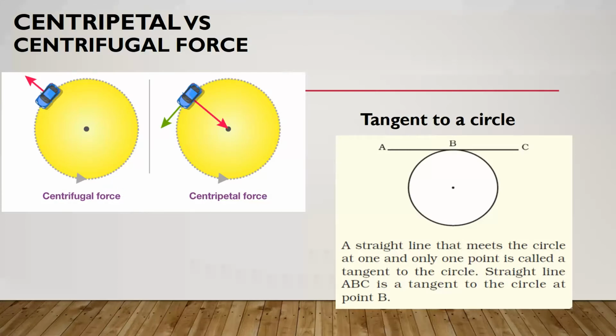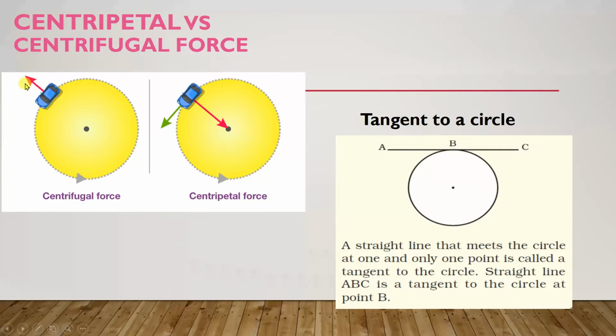Students, as you all know, we are talking about the gravitational force, so we cannot negate the centripetal and centrifugal forces. So let's revise it. Both the forces help the object to move in a circle in the orbit. Centrifugal force comes into action when the object moves around another object, and it acts away from the center of the object.